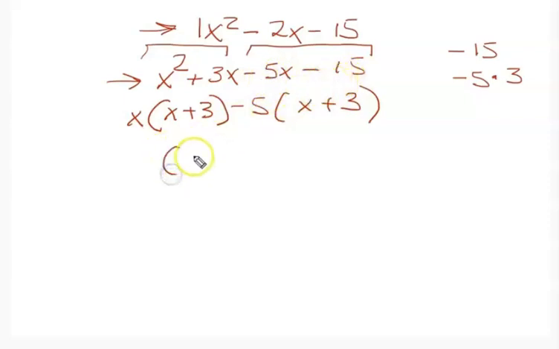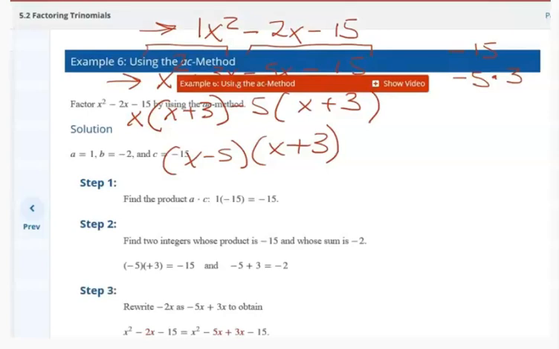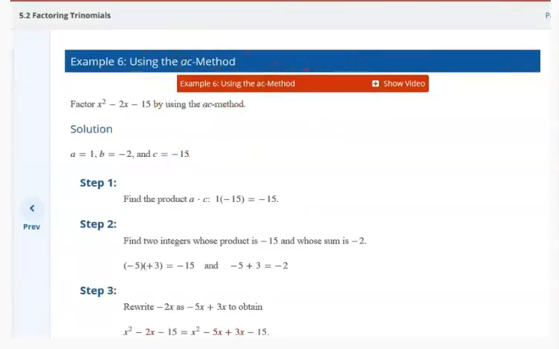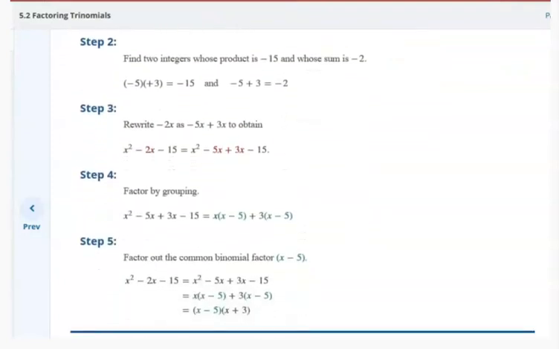So our factorization is x minus 5, and then an x plus 3. We've used the AC method. Now you could have brainstormed and done the guess and check as well. And going back and then clearing this up, we see this is what you get. And there is the answer.